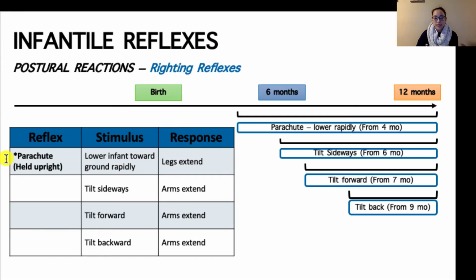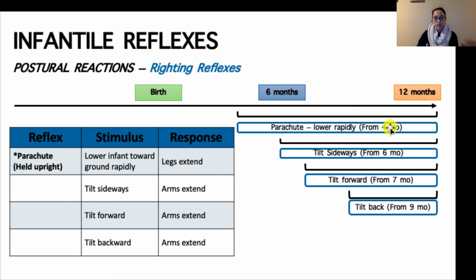Other postural reflexes that we have are the parachute reflex. This has various levels to it, and the responses happen at different age brackets. In an upright position, if you lower the infant towards the ground, their legs will extend.